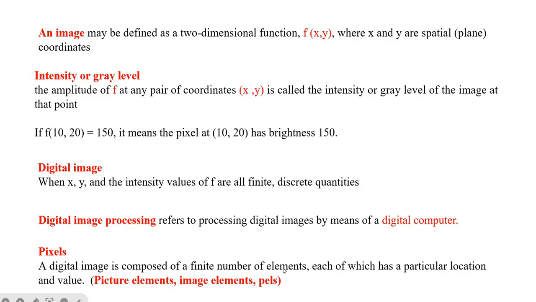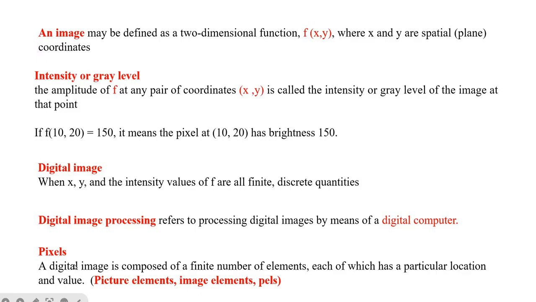A digital image is composed of a finite number of elements, each of which has a particular location and value. Location is its position in the image, and value is its intensity, brightness, or color. Other names of pixels are picture elements, image elements, or pels.